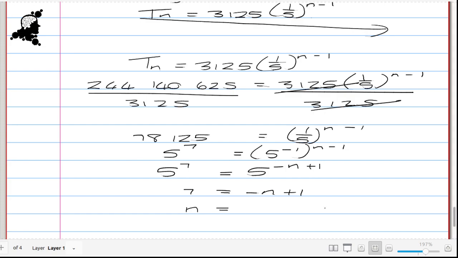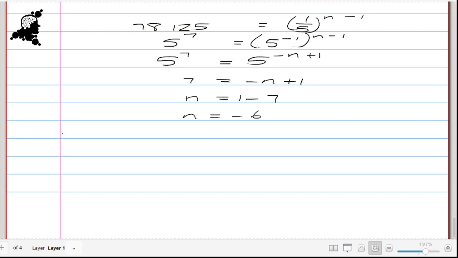So n is equal to, did I make a mistake somewhere? No. That's supposed to be negative n plus 1. All right, I did not make any mistakes. So I'm going to have here 1 minus 7. But now 1 minus 7 is going to give you n as negative 6.